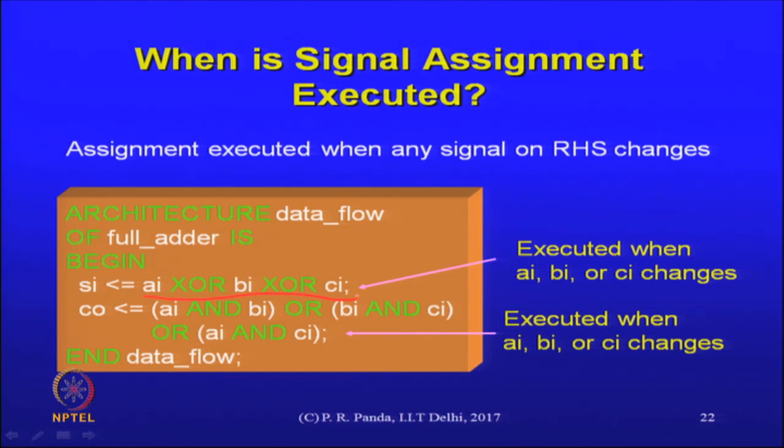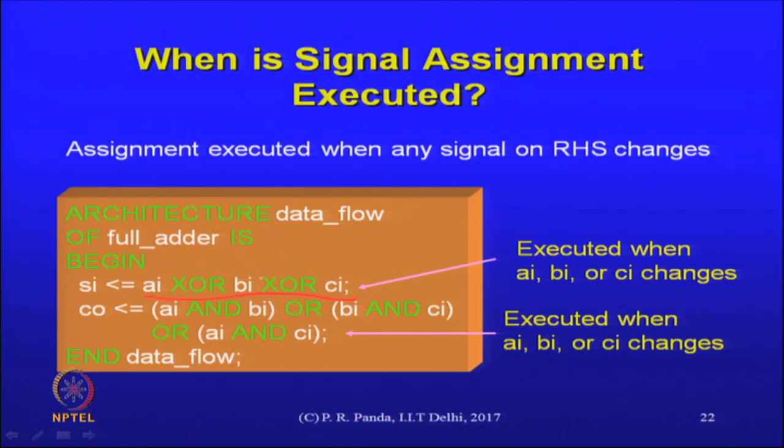That expression consists of these ports. As of now they are Ai, Bi, Ci, all are ports. Si is also a port, but these are the input ports, right, Ai, Bi and Ci. So, the rule is that that particular assignment statement is triggered, possibly resulting in a new value to Si, if you have changes in Ai or Bi or Ci. If any of those signals changes, then the output is evaluated afresh.